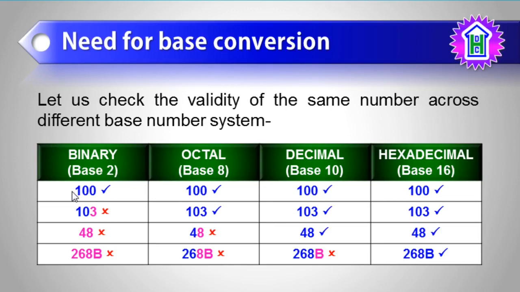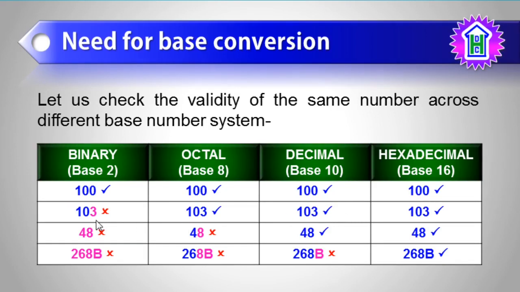If I write 100, it is a valid number in binary because it is only using 0 and 1. It is also correct in octal because it can use 0 to 8. Similarly, it is also correct in decimal, 100, and also in hexadecimal.